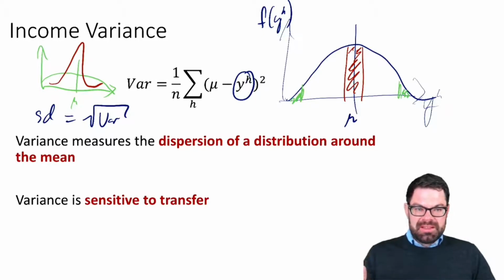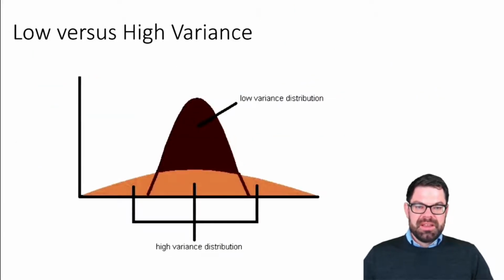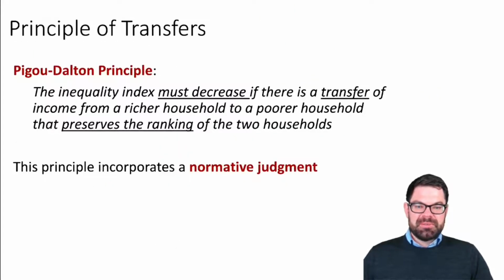But in other cases, it's just not very useful for measuring changes in income inequality. So therefore, the income variance is sometimes used, and is sometimes used for good reason. But you have to be aware that even though as a statistical measure we often use it, it's not as useful as other measures.